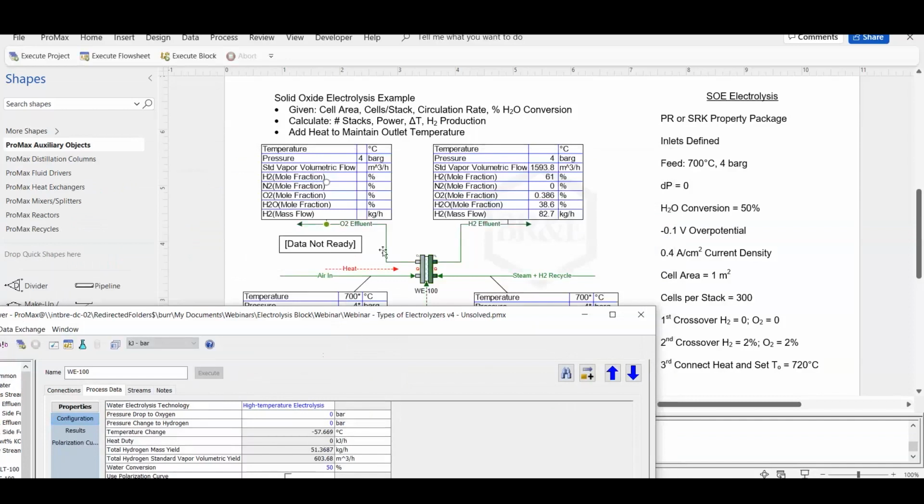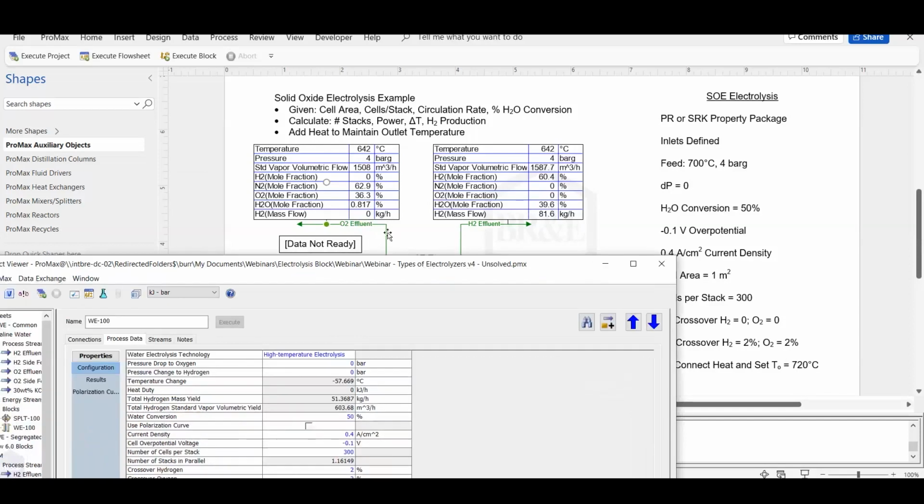So now, instead of 581 degrees C, the heat release due to the combustion of the hydrogen heats the effluent streams from 581 up to 642 degrees C. And you also see that there is no hydrogen in the oxygen product, and no oxygen in the hydrogen product. Whatever crossover occurs combusts completely, releases heat, and leaves behind none of its crossover material in the product stream.